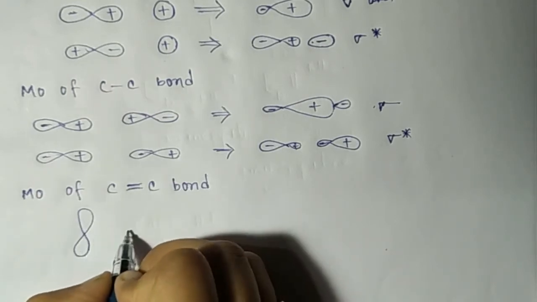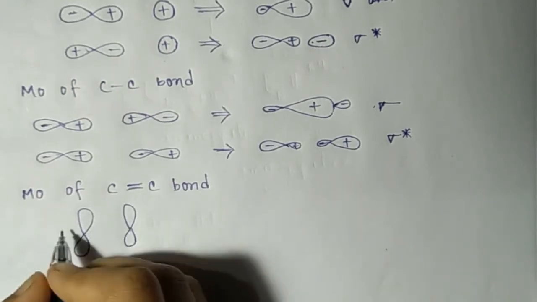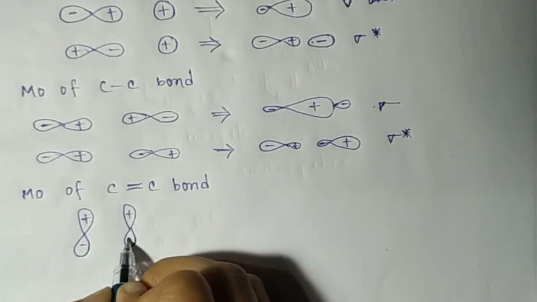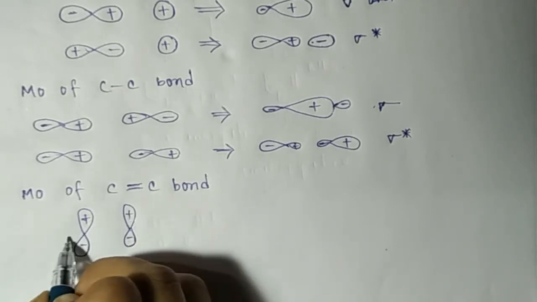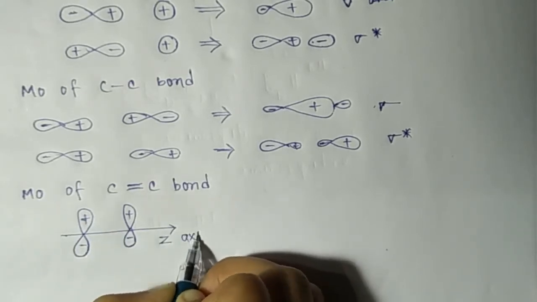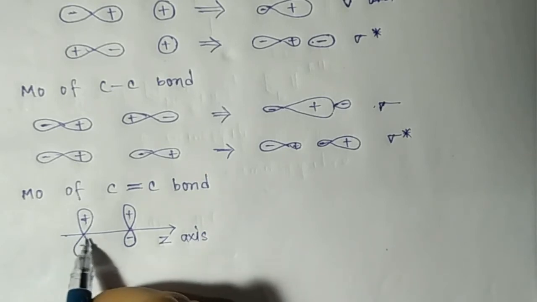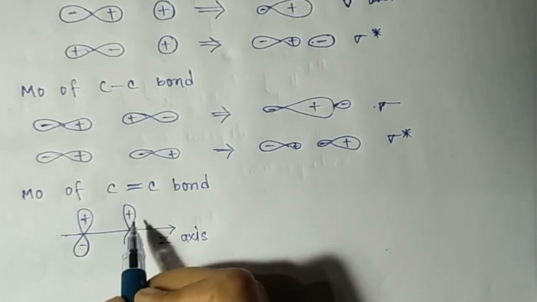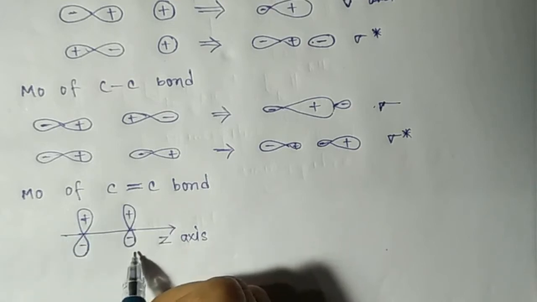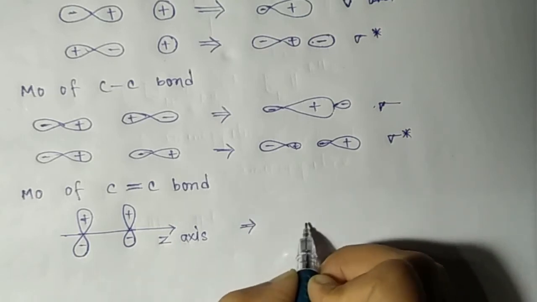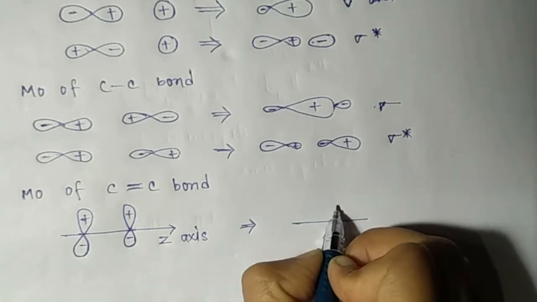So in this case, there are two p orbitals, and when they overlap side to side along the same Z axis, and in phase condition, that is, they are of the same phase above and below the plane or axis, it produces this structure.